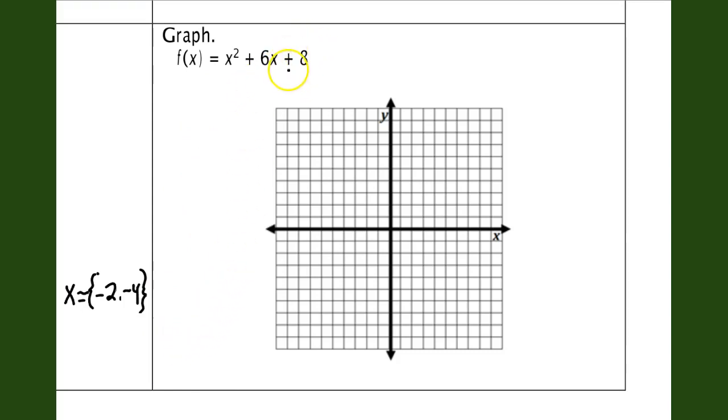So first off, remember that this last constant term, constant means there's no variables on it, okay, that's the y-intercept. So I already know that this number on the end is always going to be 0, comma, and whatever that number is, 8. So that's the first value I can get right away without any work.